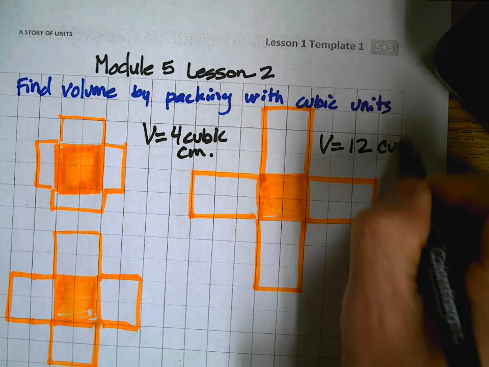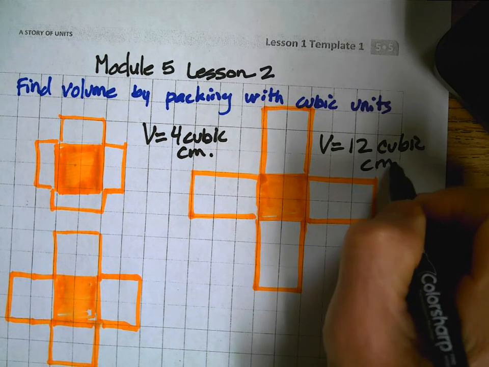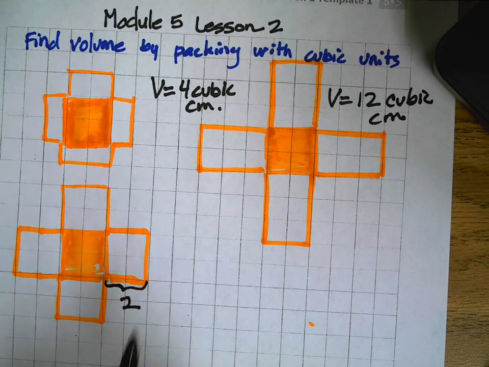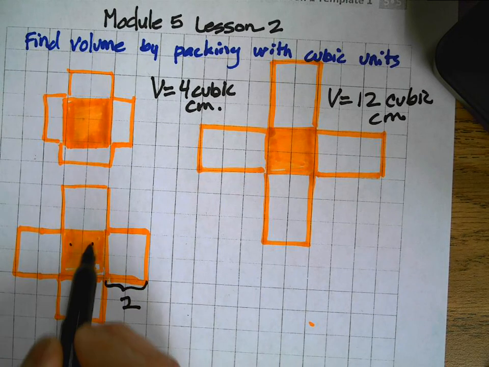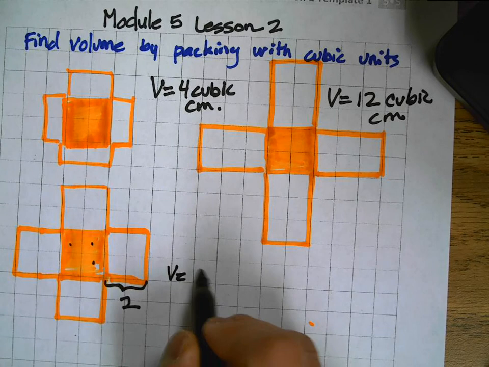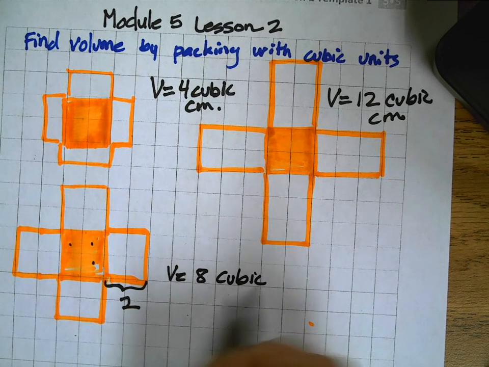That's 12 cubic centimeters. And this one has layers. These are the layers, so it has 2 layers, and how many in each layer? 4. So 4 times 2 equals 8. The volume for this one is 8 cubic centimeters.